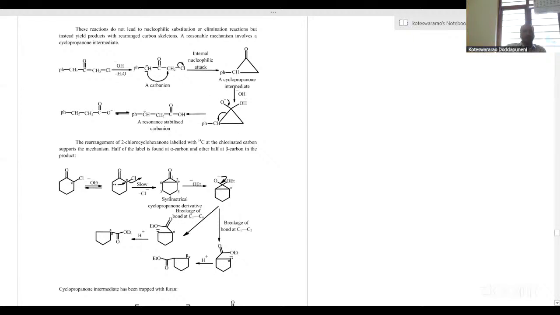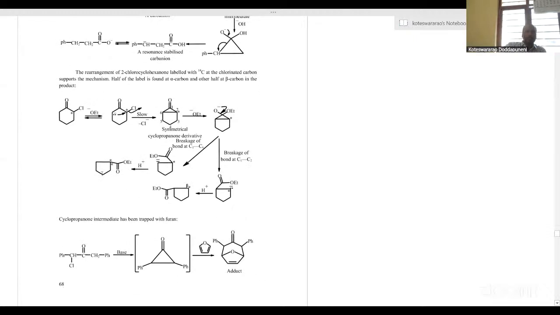Further, cleavage of the ring takes place, which leads to the formation of a resonance-stabilized carbanion.